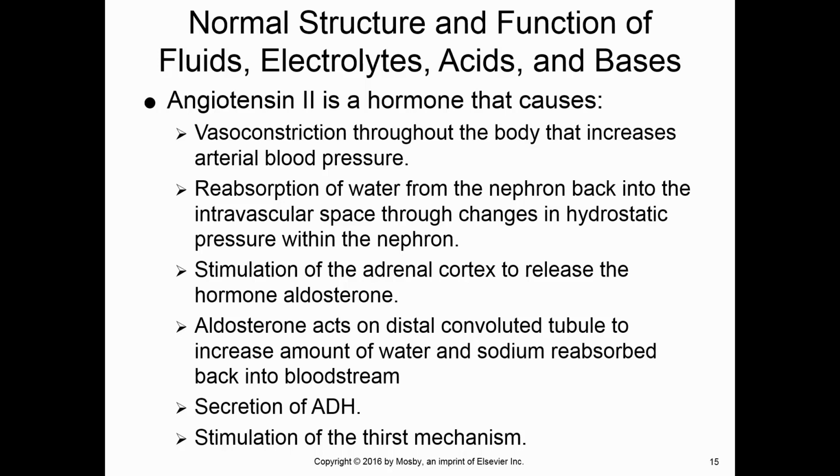Okay, and then it also stimulates the thirst mechanism, that receptor that detected the low blood volume, and it causes us to thirst. Now, all these things act together to increase our blood pressure.